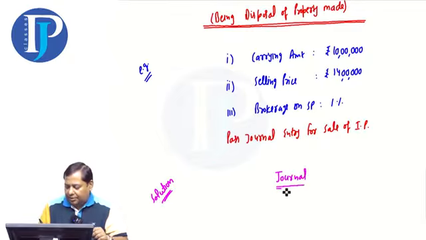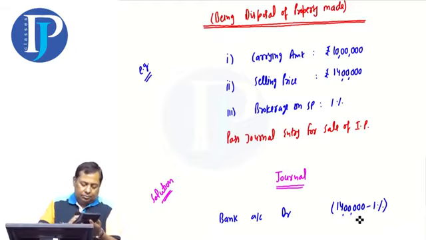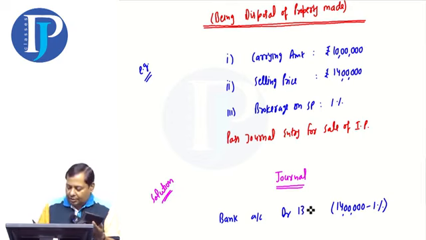If I talk about the general entry, I will pass an entry. Bank account debit. If the selling price is 14 lakh rupees, I will deduct 1%. So 13,86,000 rupees.